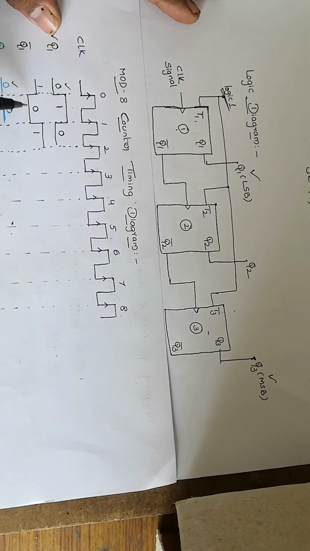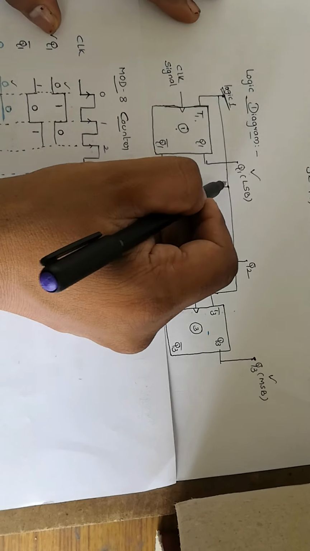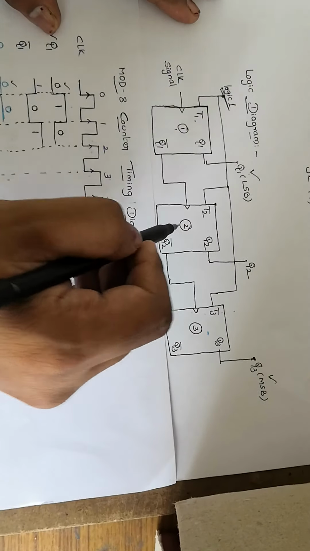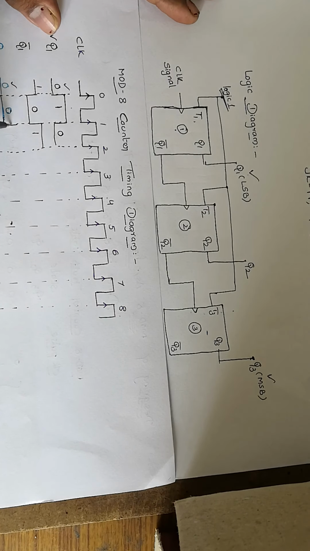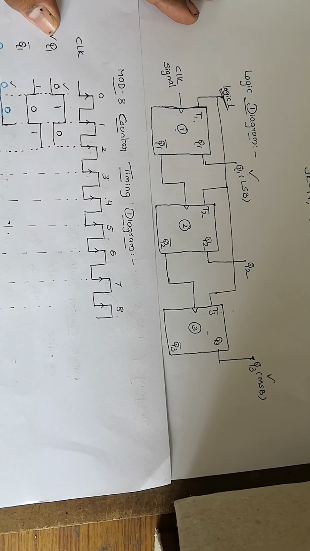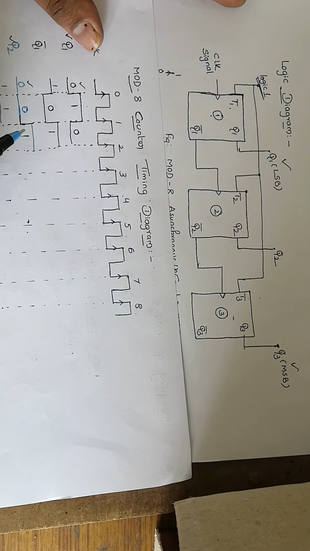So flip-flop 2 is enabled, enters the toggle mode, and produces the complement of the previous output. Its output changes from 0 to 1.